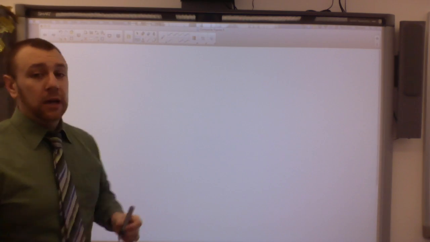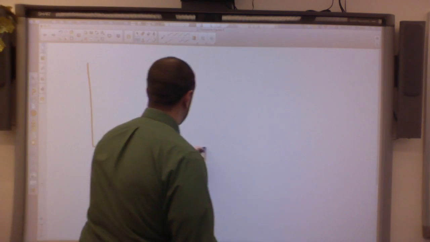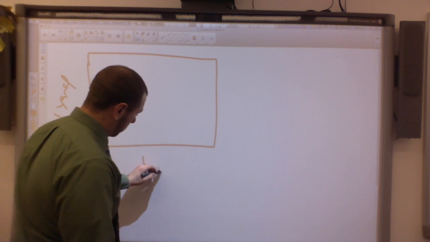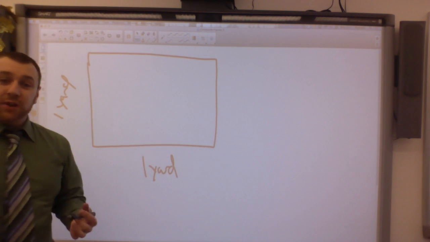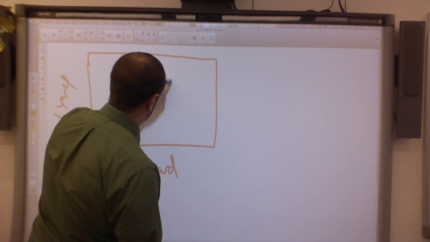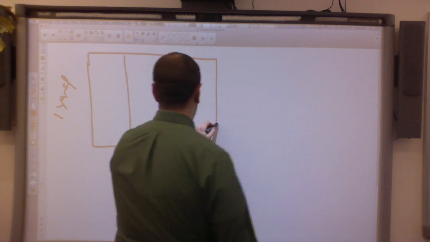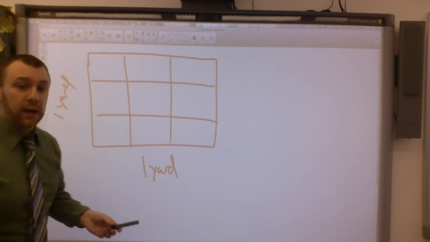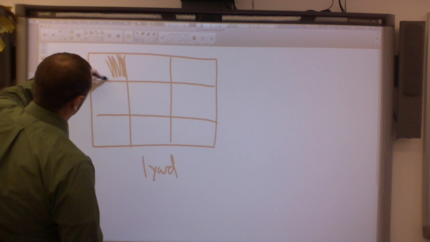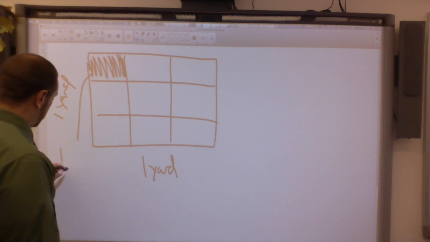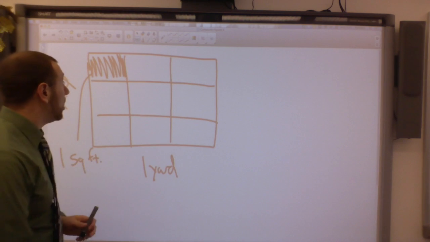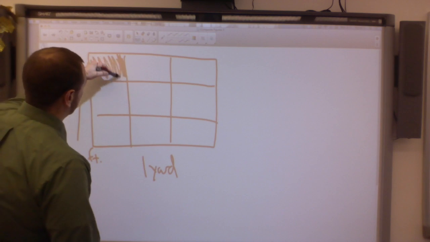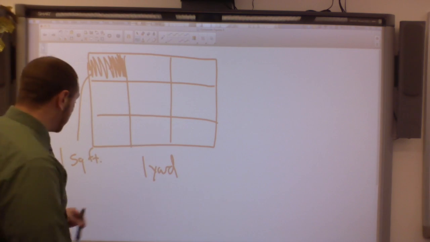Well, a square yard is 1 yard by 1 yard. It's also 3 feet by 3 feet. So there are actually, this is 1 square foot. There's 9 of them in a square yard.